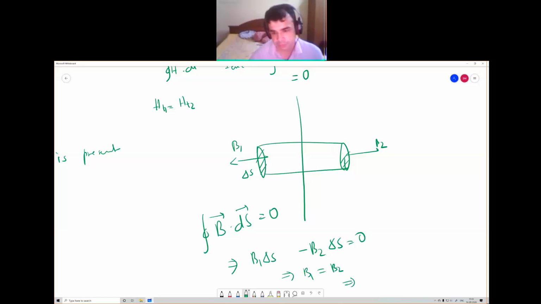This implies mu1 H1n equal to mu2 H2n. So the normal components of the flux densities are continuous and the tangential components of the fields are continuous. Remember this.